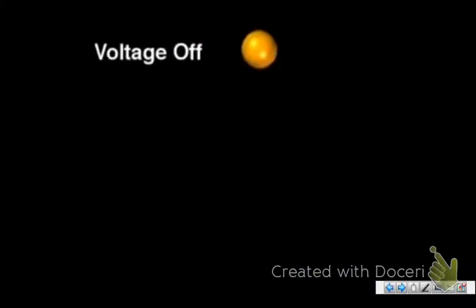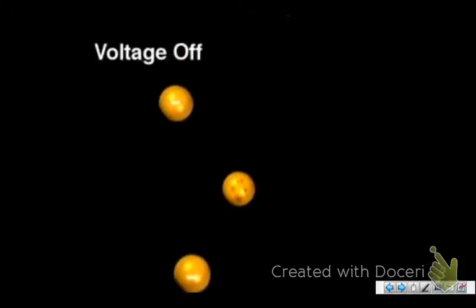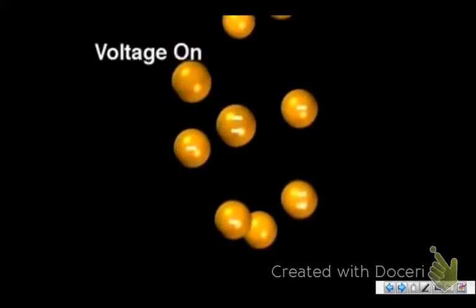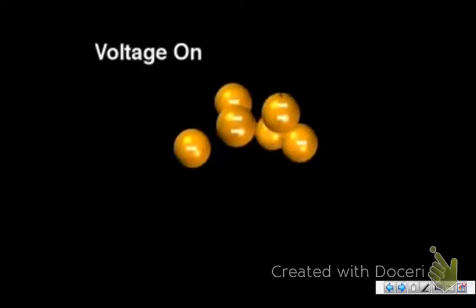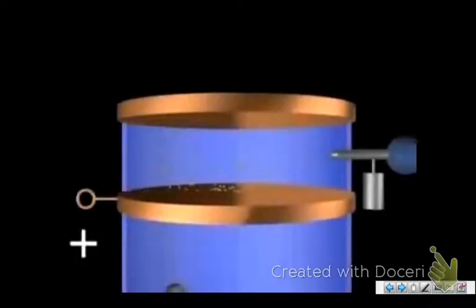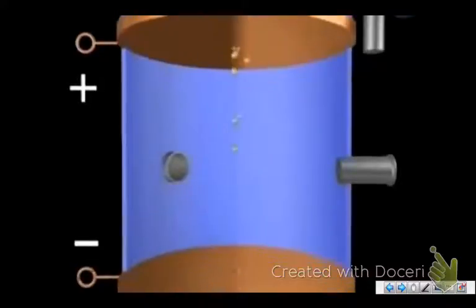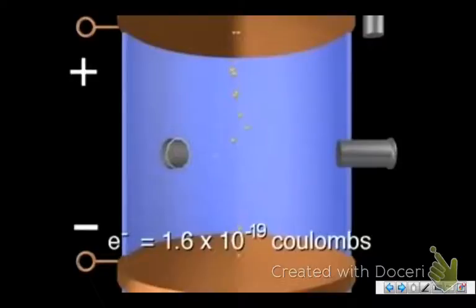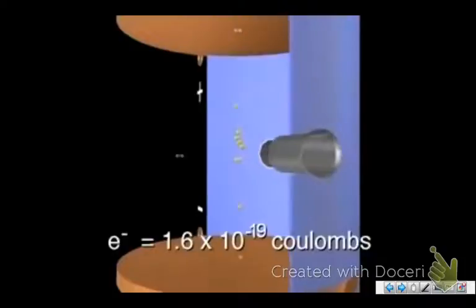When there is no voltage applied, the fall of the droplets is determined by their mass and the viscosity of air through which they fall. When a voltage is applied, the droplets that have a negative charge will fall more slowly, stop falling, or even rise, depending on the number of charges on them. By adjusting the applied voltage and observing the droplets both with voltage off and voltage on, Millikan was able to determine that the charges on the droplets were all multiples of a smallest value, 1.6 times 10 to the minus 19 coulombs. He took this to be the charge on a single electron.